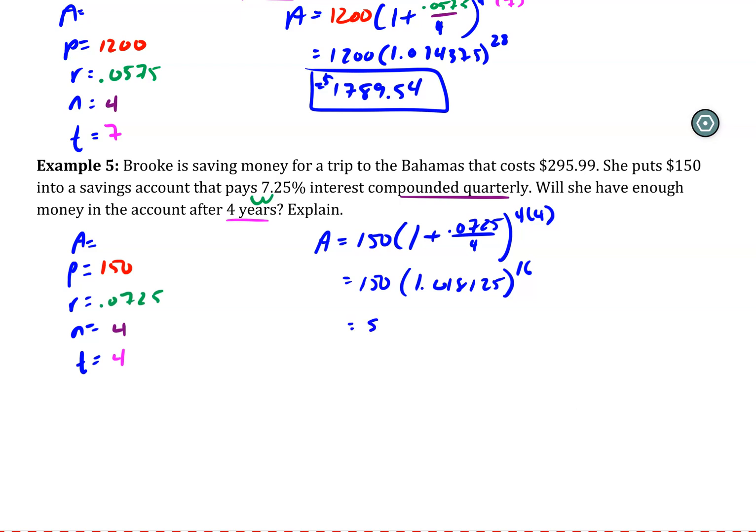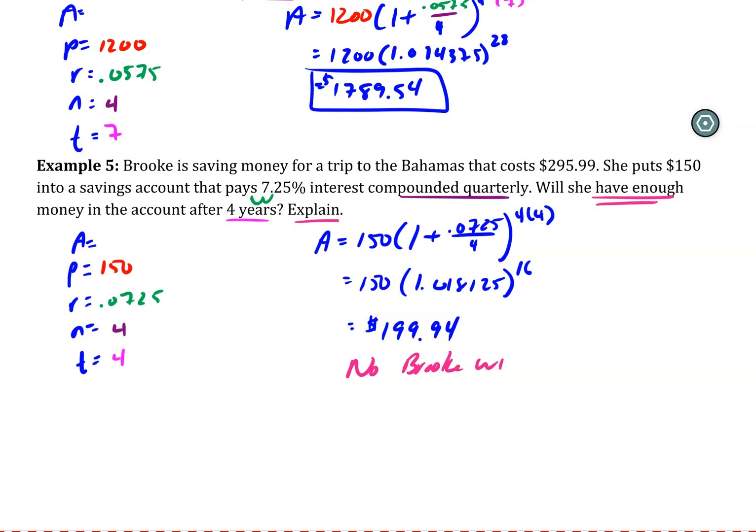I get $199.94. So now I just have to make sure I go back and actually answer the question, which says, will she have enough after the 4 years? Explain. So the answer is no.